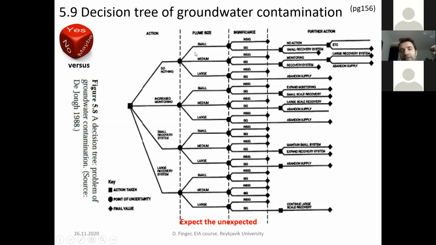You would have to have a clear line of decisions on how to deal with an emergency. A figure like this could be very valuable in your environmental impact statement, especially if you have a big project that might create some environmental disasters. So you could have an emergency plan based on a decision tree like the one presented here.